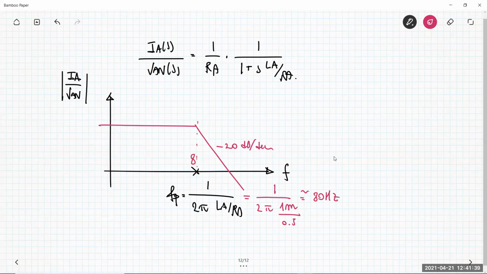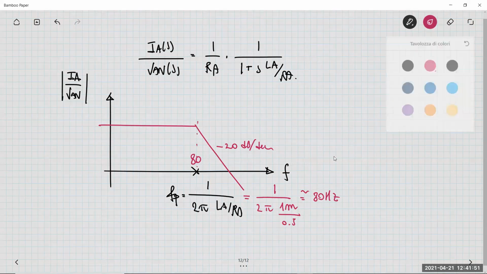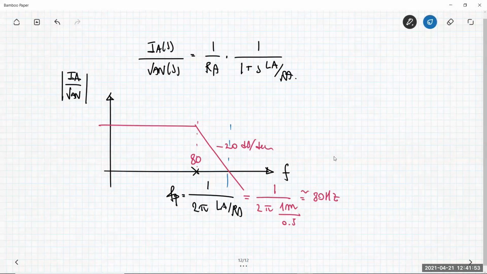We are considering the ripple at the switching frequency of 20 kilohertz. So we are in the region in which this filter is attenuating a little bit. Let me consider that 20 kilohertz is here, just as an example. So you have, as you can see, this attenuation.